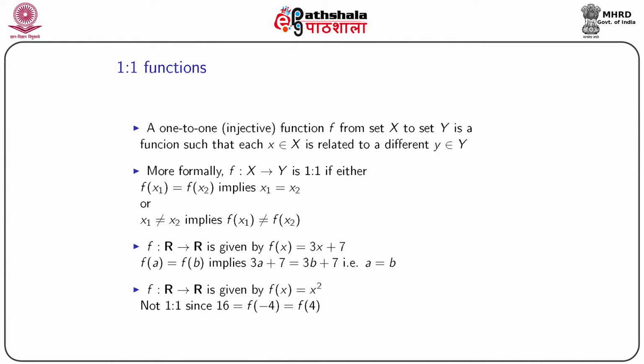So f(-4) is equal to f(4), but -4 is not equal to 4. So it doesn't satisfy the conditions for which I can say that this is a one-to-one function. So that means f(x) equals x squared is not a one-to-one function.